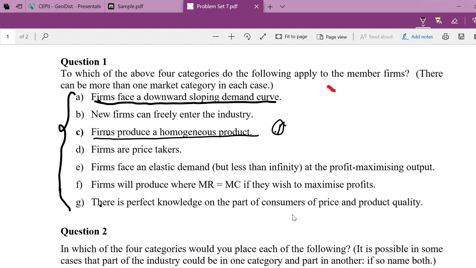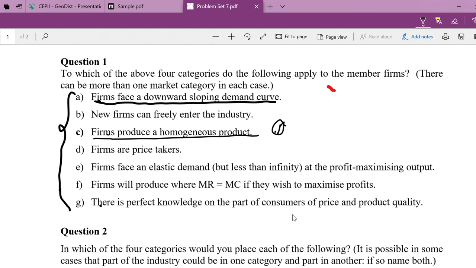Any firm that faces downward sloping demand curve will have elastic demand at that point. Oligopoly as well, yes, and monopoly. All three. Remember the first question, downward sloping curve. These three firms will face elastic demand for their products.